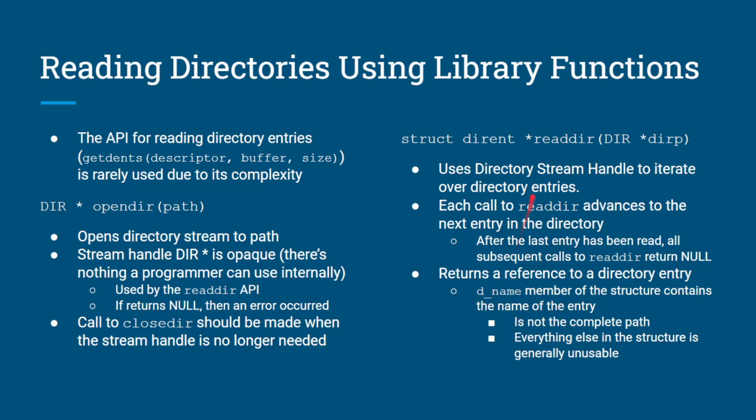D_name is part of this directory entry structure and is the actual file name that we can use within that particular directory. Do understand that this is just a file name. There is no path associated to this particular file name. Any path that needs to be created needs to be done programmatically by you as a programmer.